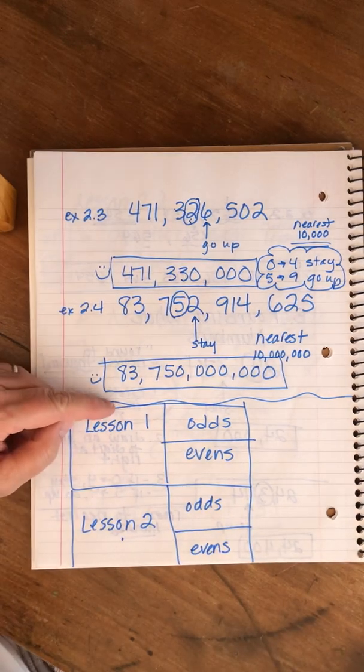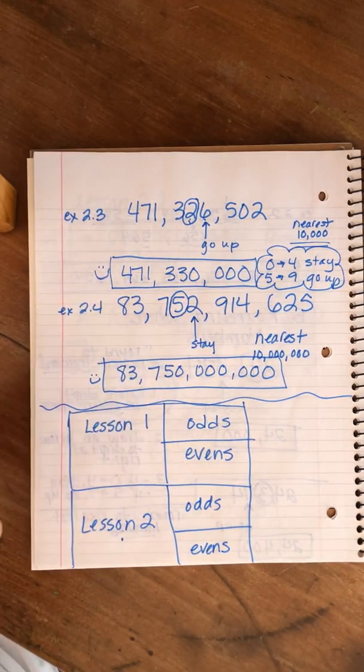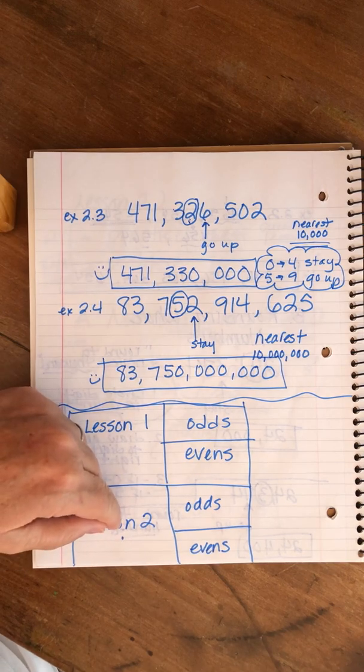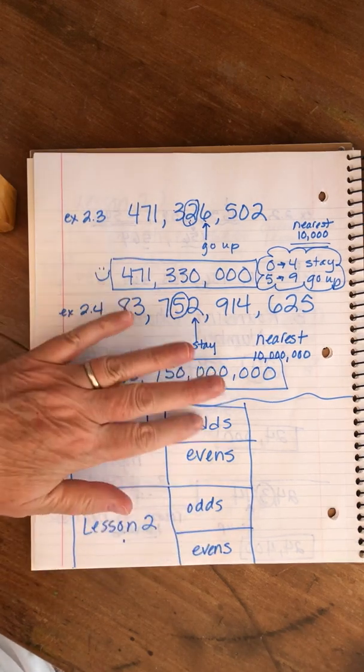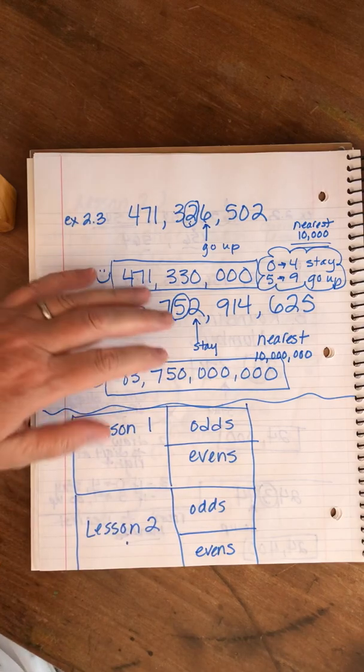Right? You did lesson 1. First you did the odds, then you did the evens. Now you're doing lesson 2, and you'll do the odds and the evens. So that will be 4 homework sessions for this first week.